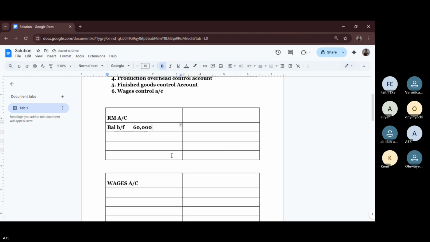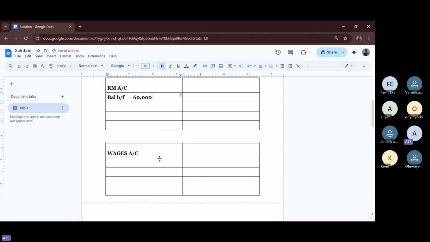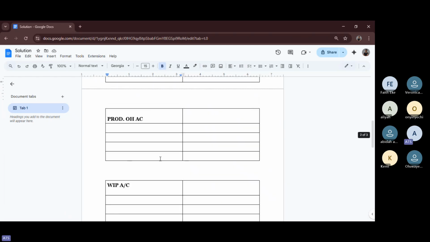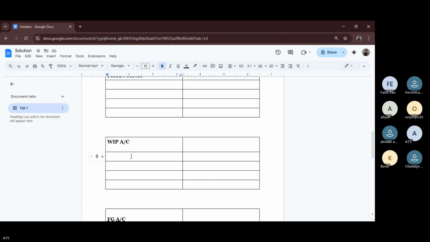Then work in progress, balance forward, 70,000.